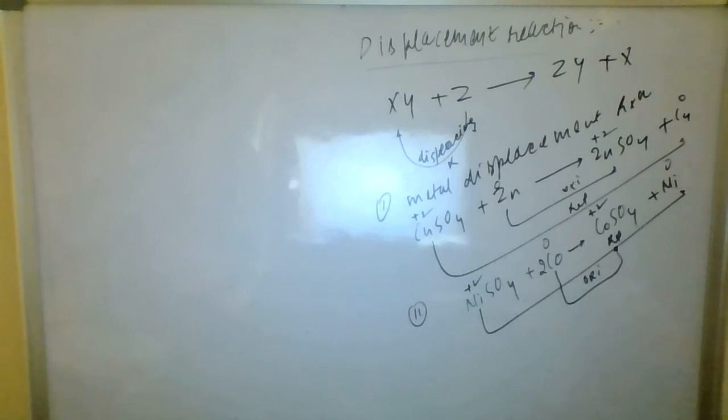Now you see the non-metal displacement reaction. Now it is time to study the non-metal displacement reaction, and let's see what it is. In a non-metal displacement reaction, the non-metal will be getting displaced. Okay, non-metal will be getting displaced.